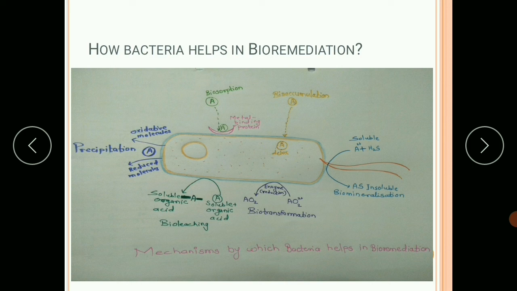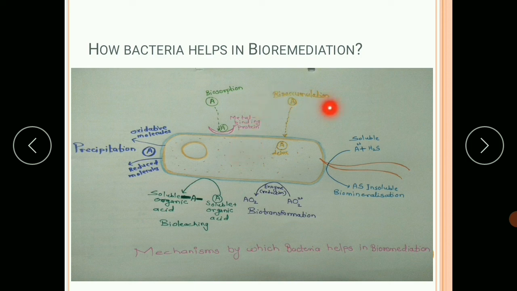Then if there are more metal binding protein receptors, then more metals will bind to these receptors, and thus it will increase the rate of degradation. Okay. Second mechanism is bioaccumulation. What is bioaccumulation? Any heavy metal will be taken up by bacteria and it will get retained in bacteria only, then it is termed as bioaccumulation.